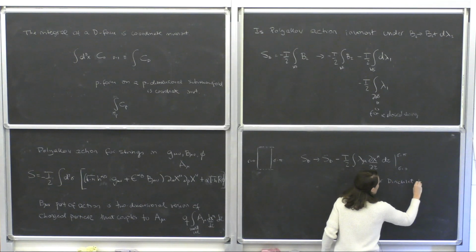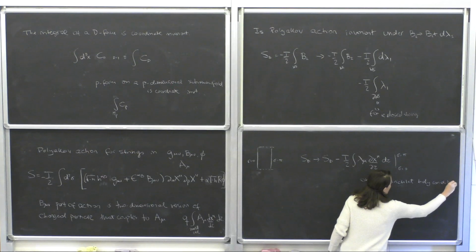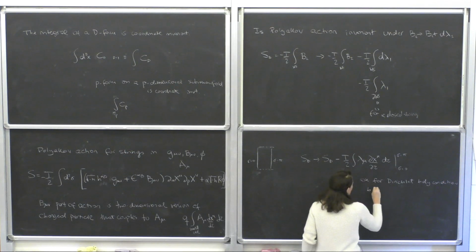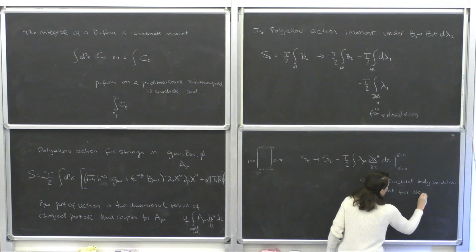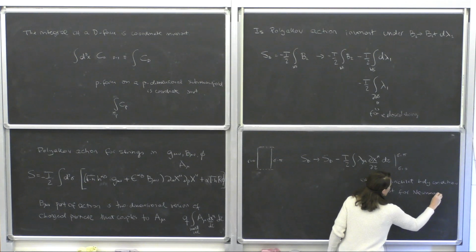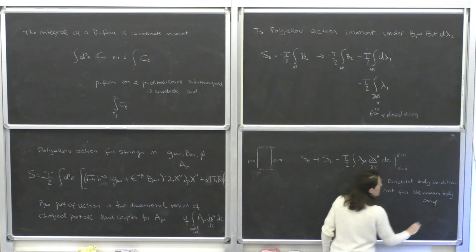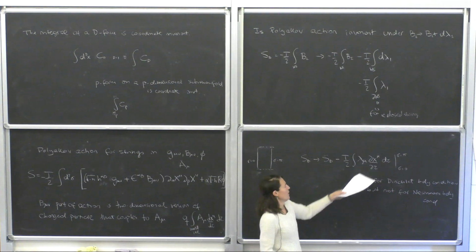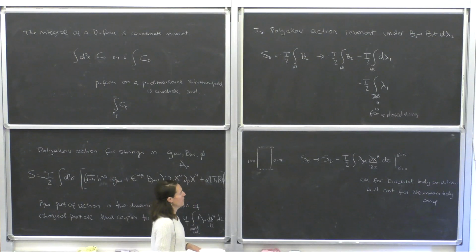For Dirichlet boundary conditions, but not for Neumann boundary conditions. Because the Neumann boundary condition was that the derivative with respect to sigma is equal to 0. And here we have the derivative with respect to tau.